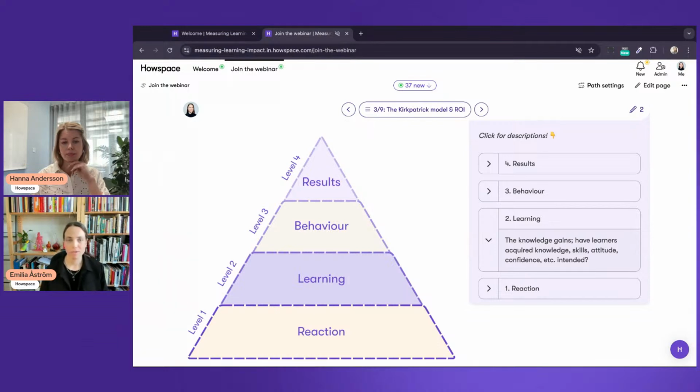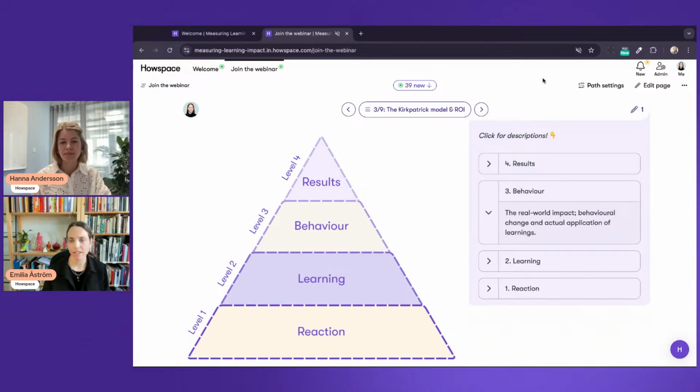And for example, through social learning in Housebase, we can easily measure this by observing and clearly see how knowledge is transferred between colleagues. And you will get to see more of this later, of course. And in the next level, which is behavior, this is about proving real-world impact.